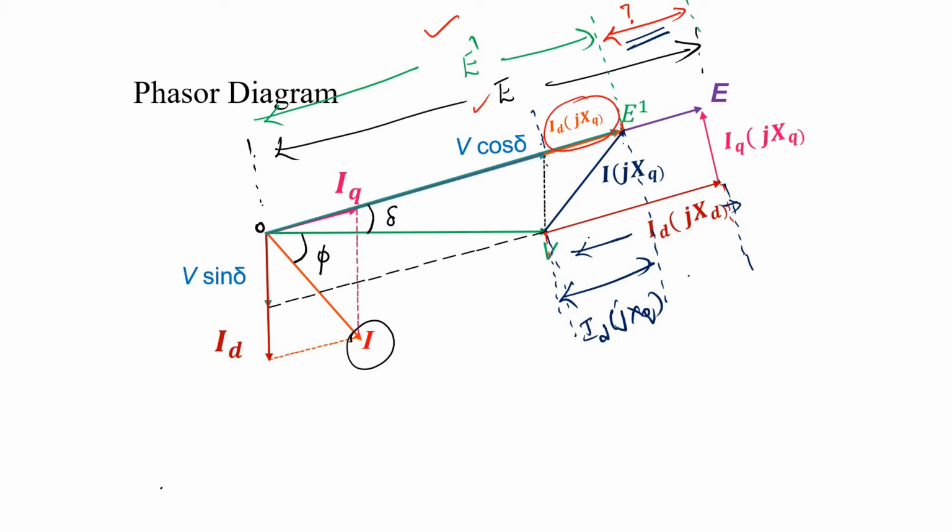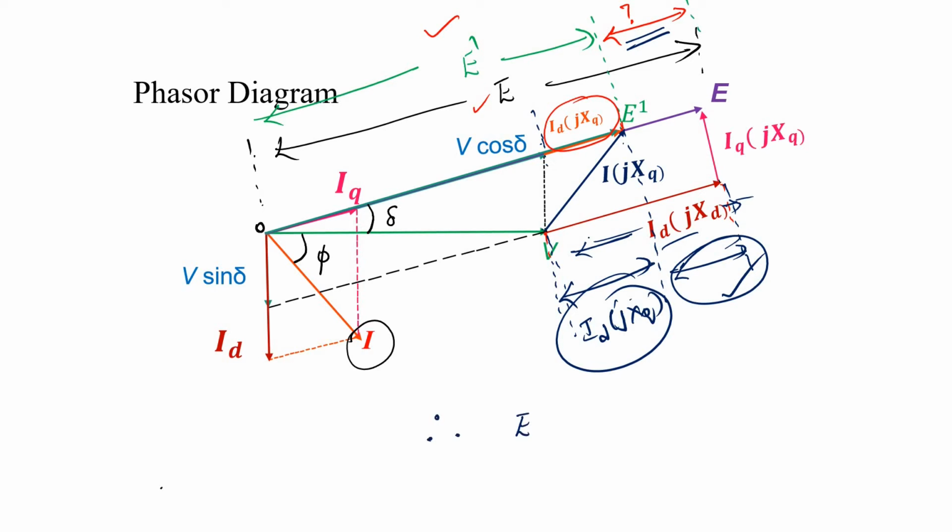Now we need to find this value. This total we know and this we know. If you subtract this quantity from this, you will get what we want, the vector magnitude from E dash to E.